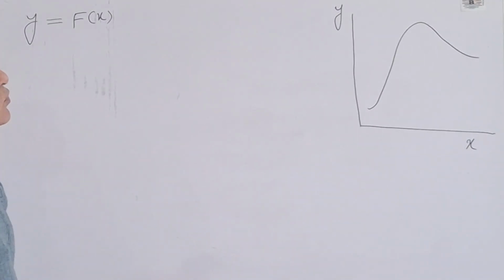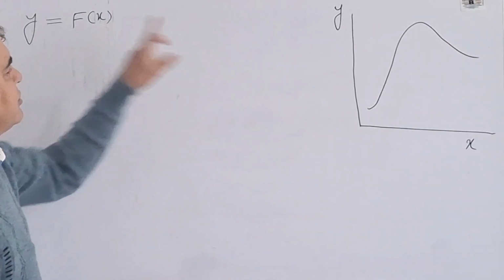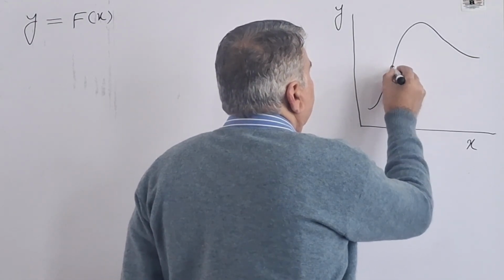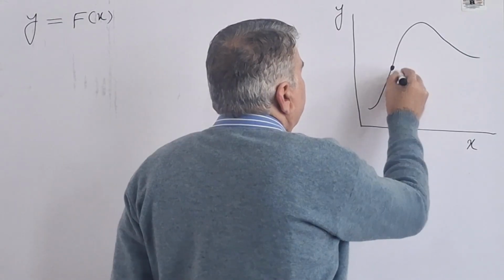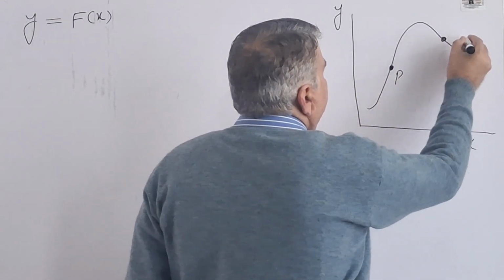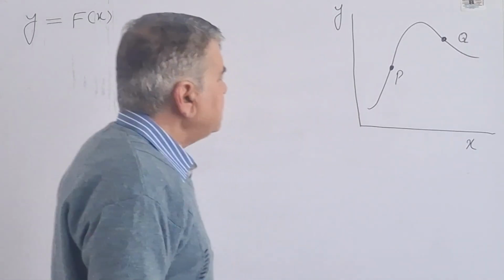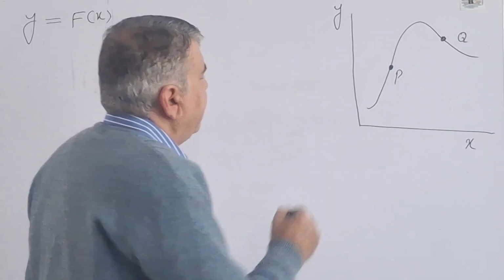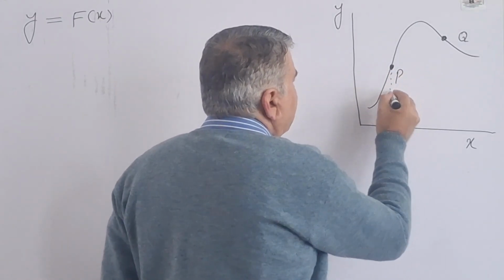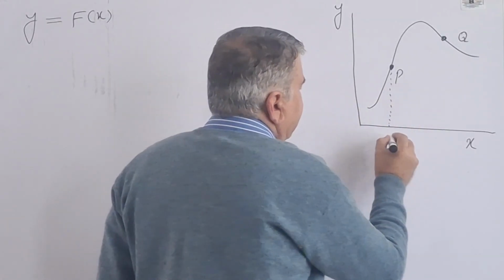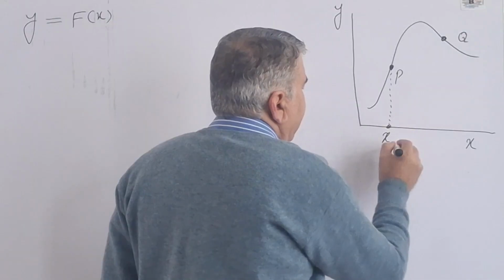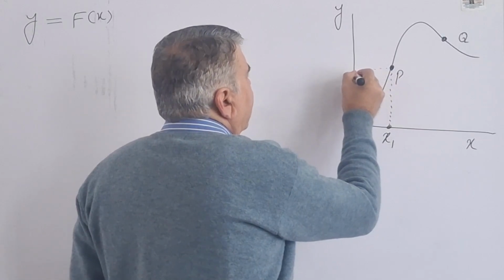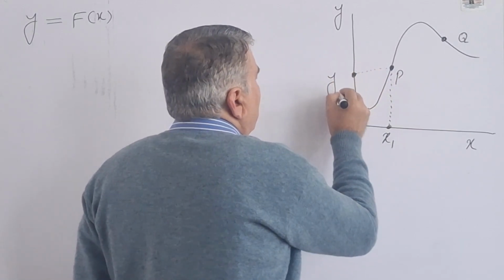And in order to study the behavior of the function on this curve, I just take 2 points on the curve, and I represent one point with P and the other with Q. Then I want to assign the values of the coordinates to point P, and I can do that by dropping a perpendicular on the horizontal axis, and I write that point as x sub 1. Similarly, I drop a perpendicular on the y-axis, and I represent that with y sub 1.